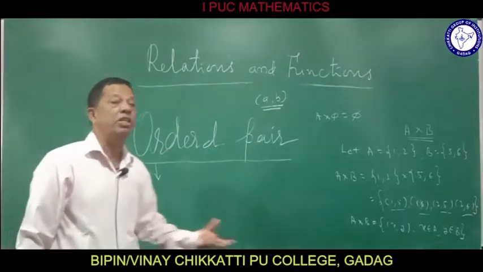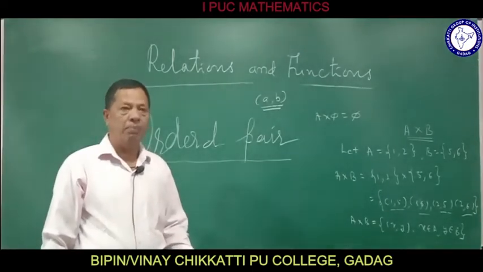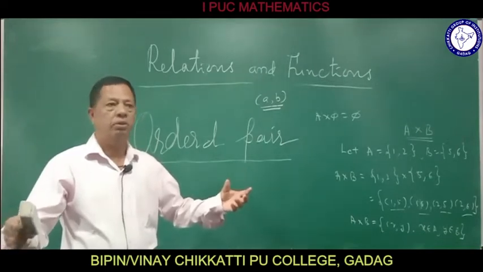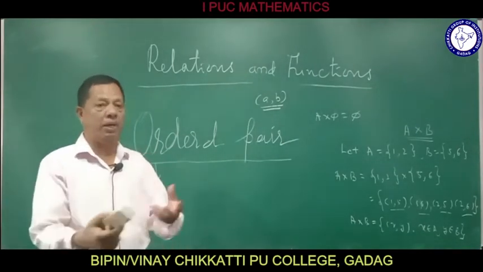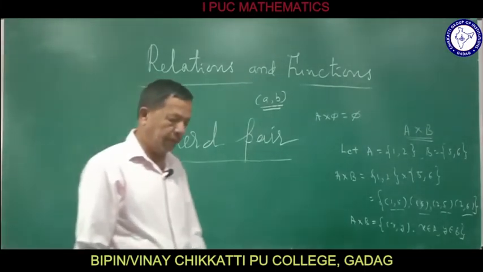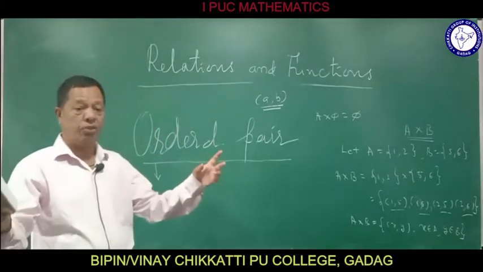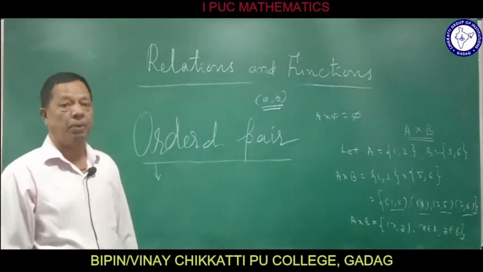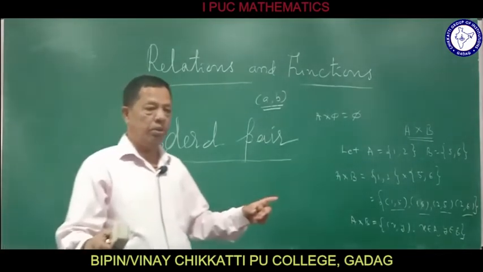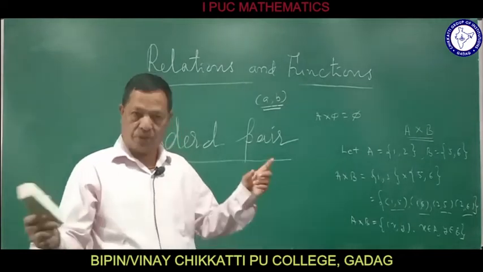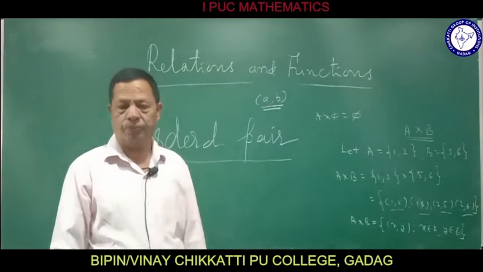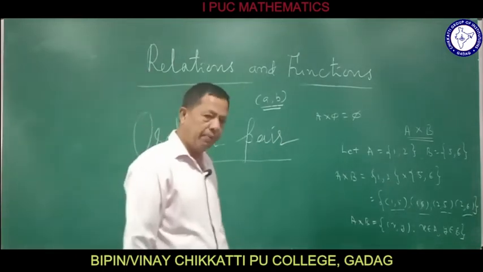If you ask what an ordered pair is, it means two objects written together in a particular bracket. You can also say two objects grouped together within parentheses. That is also called an ordered pair.